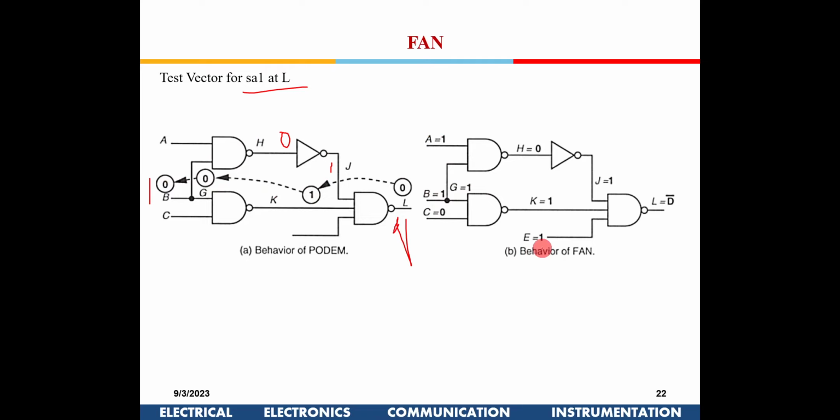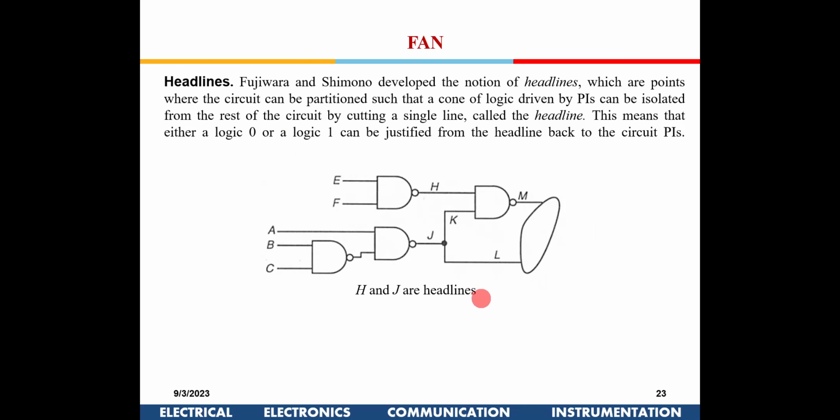It will make multiple hops and then come to this conclusion. Whereas the FAN algorithm, which we are going to see now, converges pretty fast. It comes out with a solution pretty fast. How does it come faster? Initially, when the net list is given, even before running the algorithm, it checks for headlines.